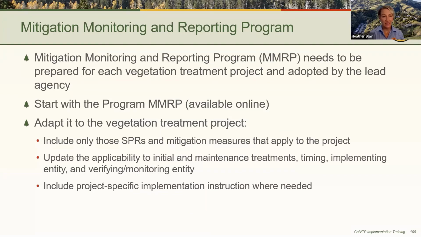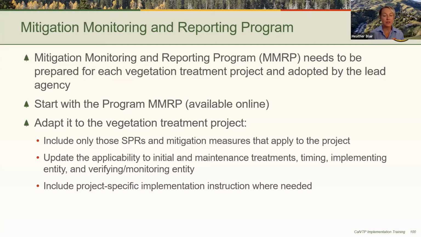A project-specific MMRP needs to be prepared for each later vegetation treatment project and adopted by the project proponent agency. So start by using the comprehensive program MMRP that was prepared for the CalVTP program EIR, and adapt that program MMRP to the specifics of your vegetation treatment project. The program MMRP is available on the How to Implement the CalVTP webpage.